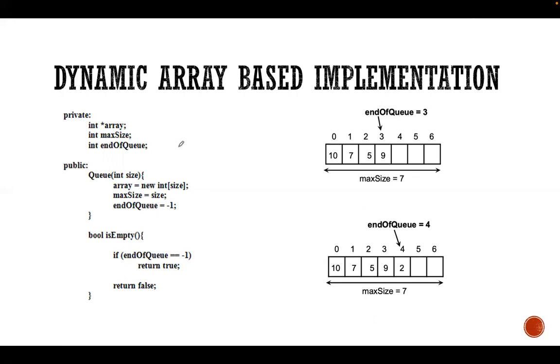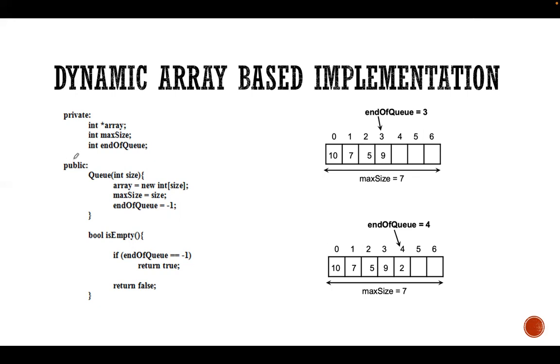All right. So the dynamic array-based implementation will also look like the list implementation that we saw, the array-based implementation of the list data structure. A queue is also a list data structure, but the difference is that insertion and deletion always maintain a specific order, which is first in, first out.